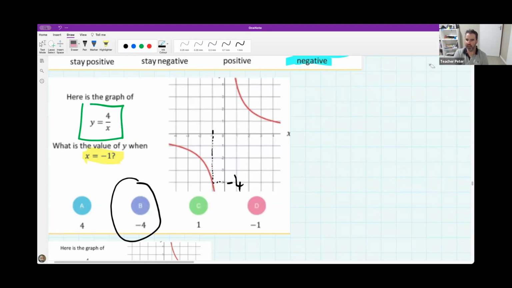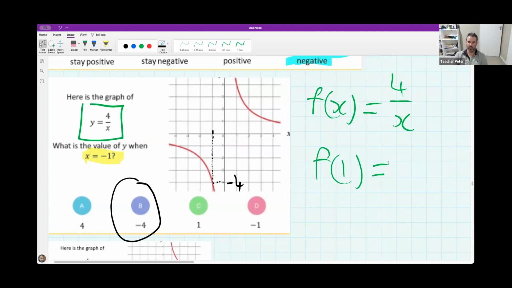Now, just to upgrade this question for a second, what is the value if I said to you, f of x is 4 over x? What is the value of f of 1?